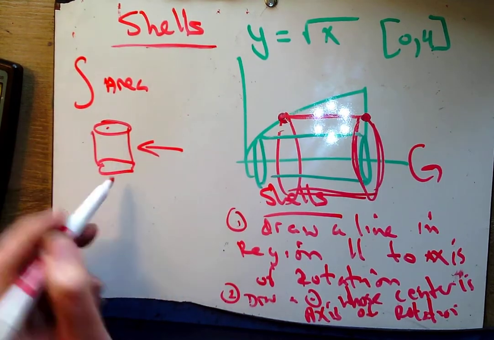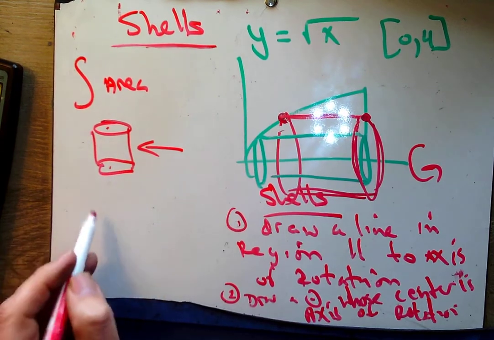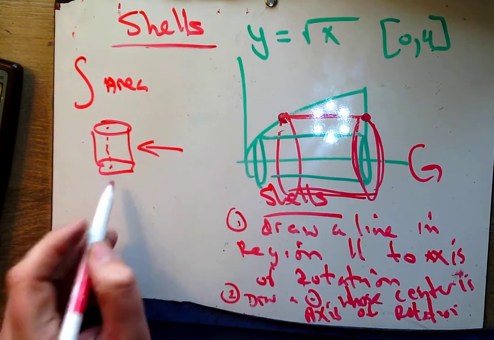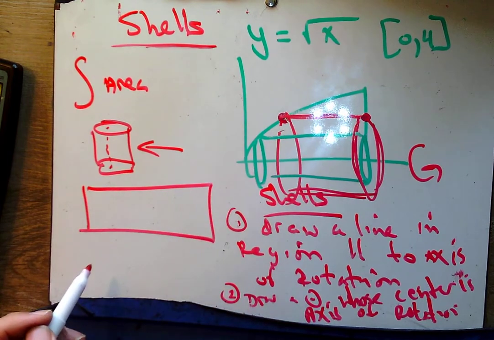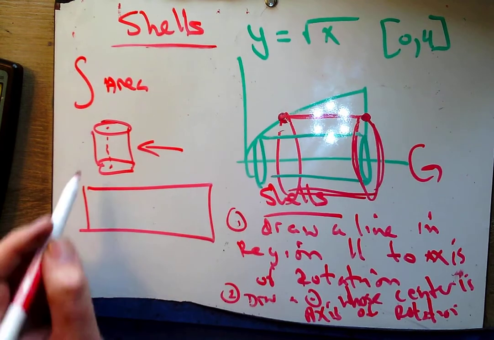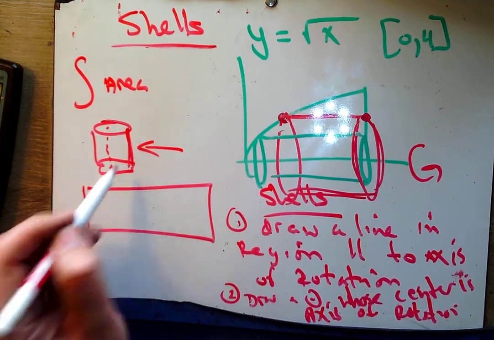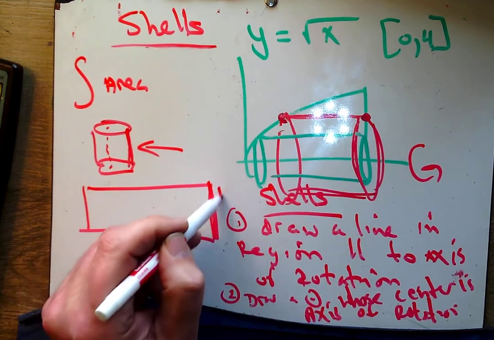It has no top, it has no bottom, it doesn't even have a thickness. So if I cut here and I roll this out, that's what my shell looks like before I roll it up to make it a shell. This distance is the height of my shell.